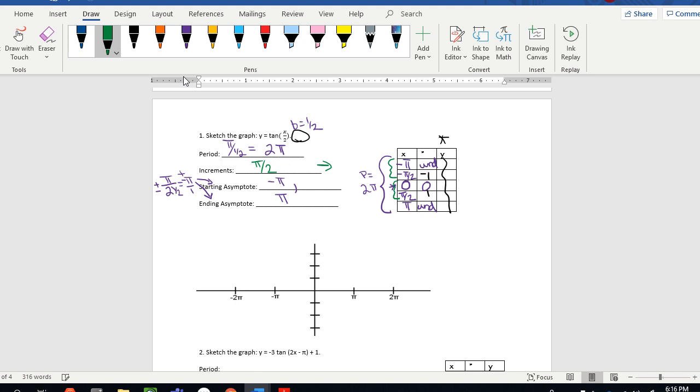It's pi over 2, okay? So I have everything in here, and I do know that my starting point is at negative pi. That's where the first one is. I'm cheating, not really cheating. I'm looking at these x values. And the next one is at positive pi over 2.